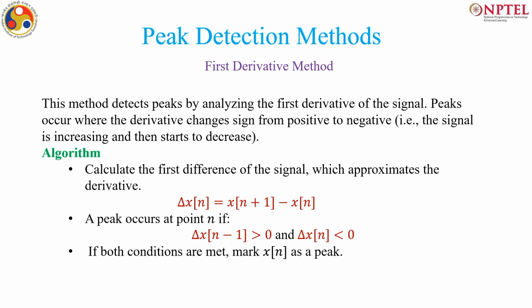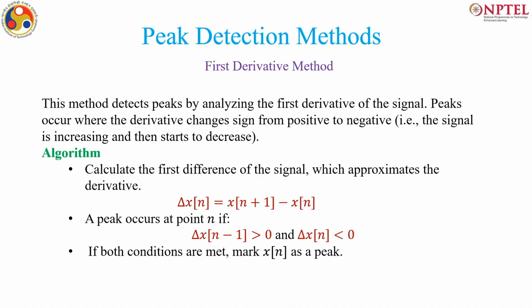Now, let us come to the derivative method, and this method is analogous to the method in calculus, where we use the derivatives of f of x to find the maxima and minima. The concept is that when we have a peak or a trough, if this is a peak, there is an increasing part and there is a decreasing part.